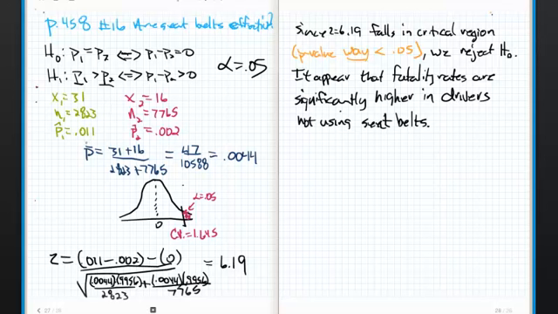So all I did is I stumbled through, what I really needed was P1 hat and P2 hat, right? Let's see, X1 was 31 out of 2823. Clearly they're independent, right? You can't be wearing a seatbelt and not be wearing a seatbelt. I suppose you could gather it from the same accident, like some guy was wearing a seatbelt and some guy wasn't, but that doesn't really matter.